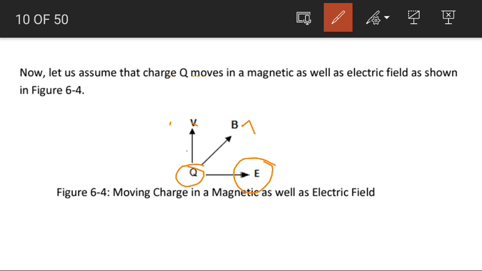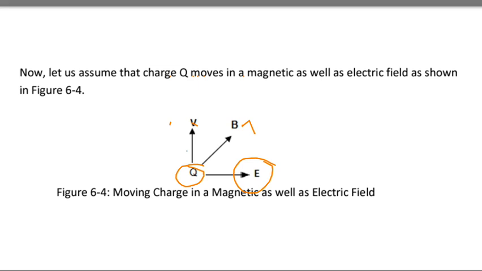So we will calculate the force which is experienced by the moving charge in the presence of the magnetic field, and then we will assume that the magnetic field does not exist in the vicinity of the moving charge, and we shall calculate the force on this moving charge due to the presence of the electric field only. And at the end we will take the vector sum of these two forces, and the vector sum of these two forces will result in the total force on the moving charge.